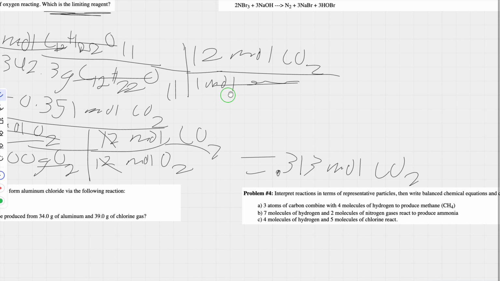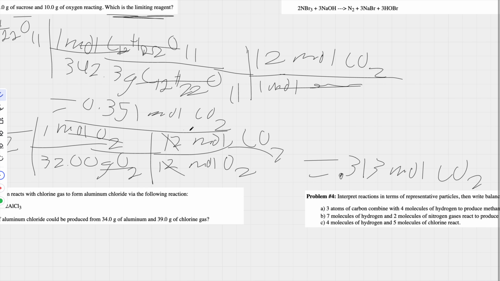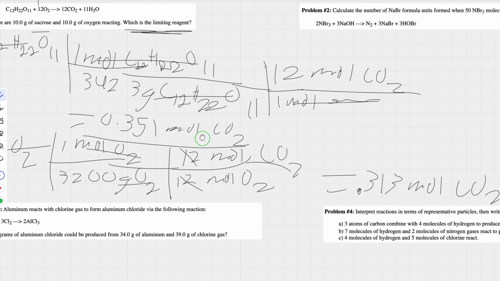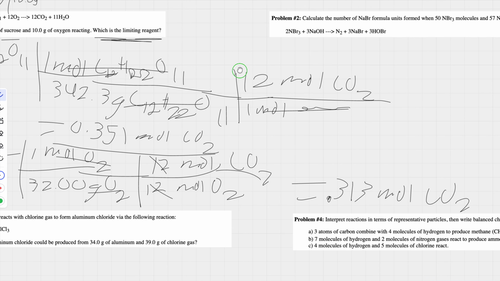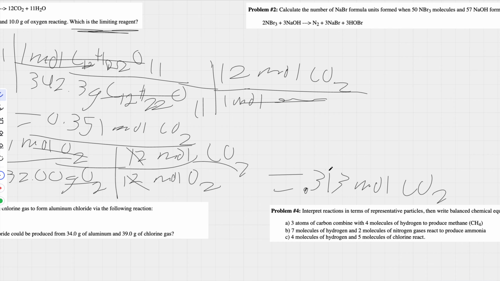So now we can see that to find the limiting reactant, we first convert both of these to the number of moles of another substance in the equation, and then whichever number is greater, that's the excess, but the limiting reactant is the one that forms the least amount of moles from that given mass. So here we compare these two numbers, 3.13 and 3.51.